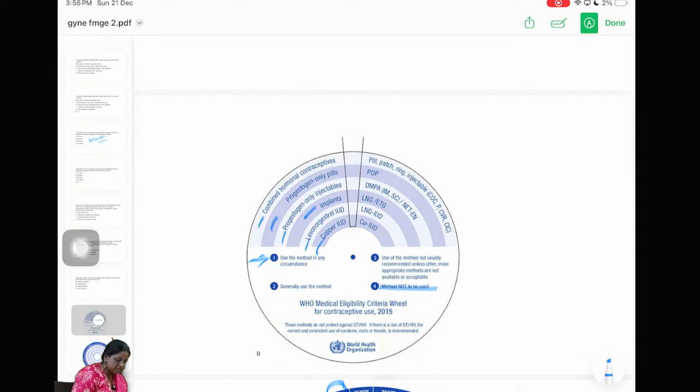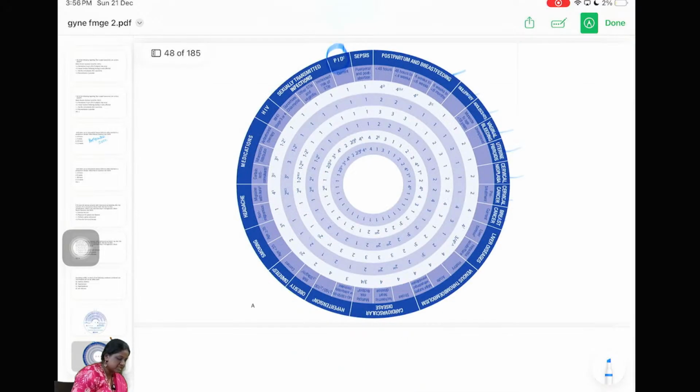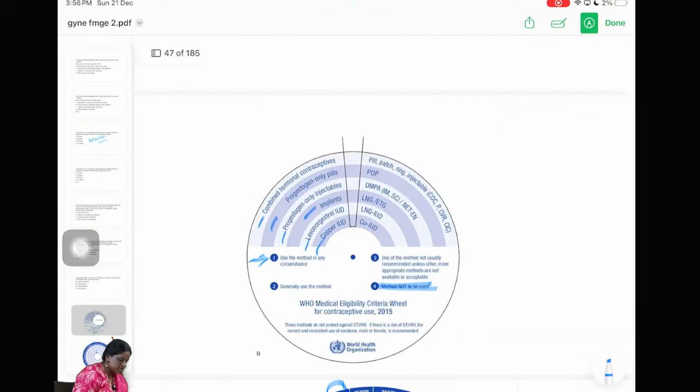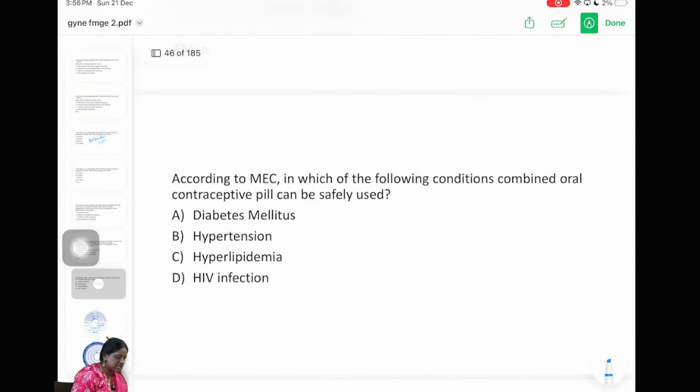If it is given 4, then you should not use. That is why, for example, in PID, these two are given 4. Those two are IUCDs. See, in PID we never use IUCD, correct? This is what is called the medical eligibility criteria wheel.